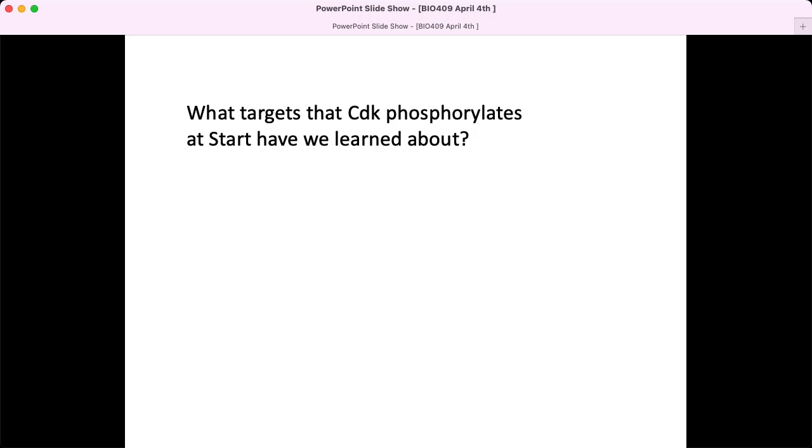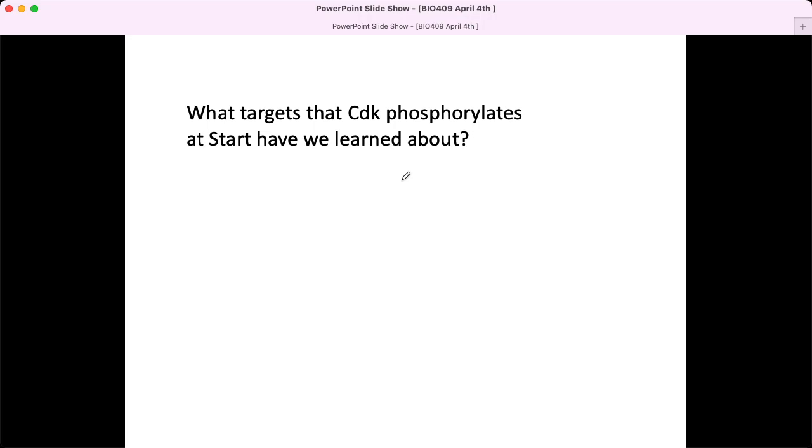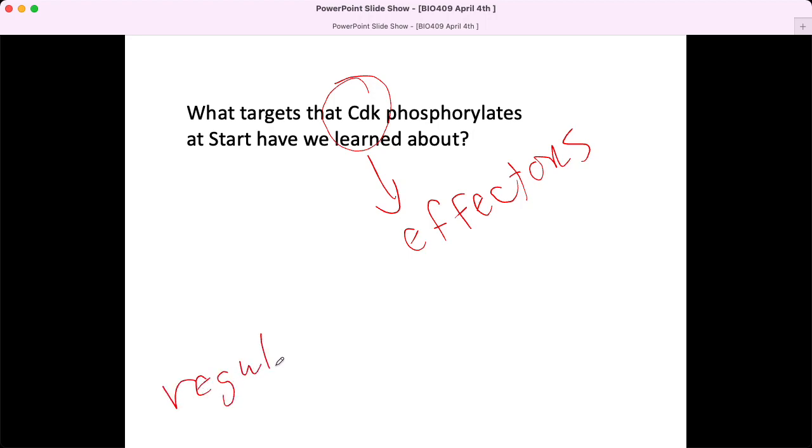The CDKs are what some people call effectors, which is a little bit of an unusual term, but it's a good term. CDKs are what we would call effectors, and that's to distinguish them from regulators. It's a good concept just to learn those terms.